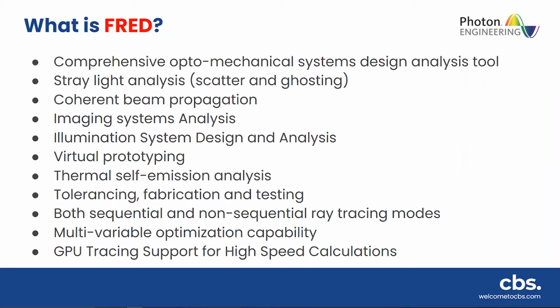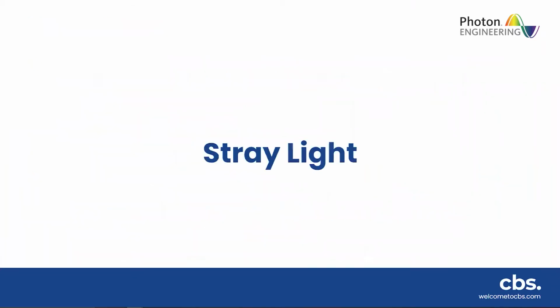But we can also use Fred to propagate coherent beams, analyze imaging systems, illumination, thermal, and infrared optics. We can do some tolerancing, we can optimize. So Fred is capable of a lot of different things, but today we're going to focus on Straylight.